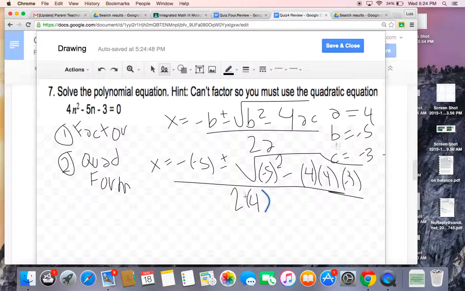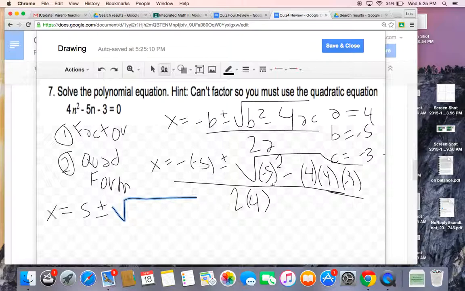Okay, so I successfully input the numbers a, b, and c, but now I just want to simplify. I'm going to simplify as much as I can, and those are my solutions. So I'm going to have negative negative 5, which is positive 5, and then a plus or minus, and then the square root.